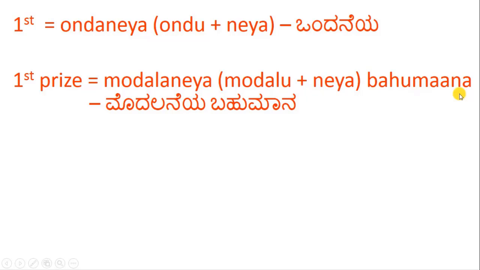Even if you have seen news or paper, they do not use Vandaneya. What else do they use? They use Modalaneya. Modalaneya means first. First prize is generally written and read as Modalaneya Bahumana.